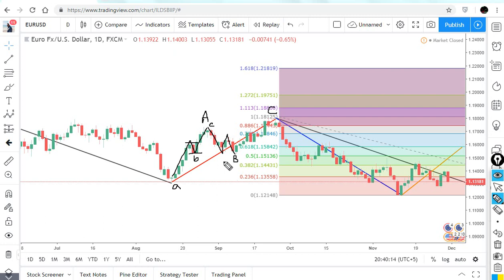Is it true? Now this is your A wave, this is your B wave, and this is your small C wave. After this you see another market jump up, down and then up. So what does that mean? That means another A, B and C.